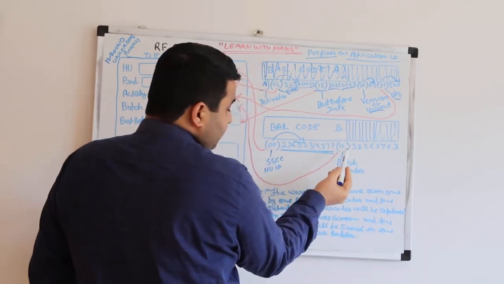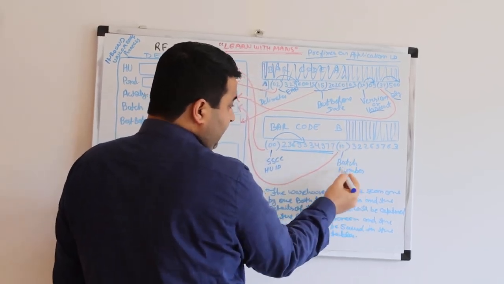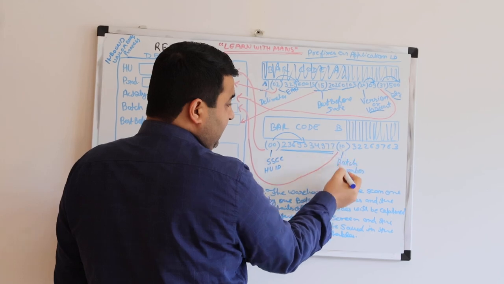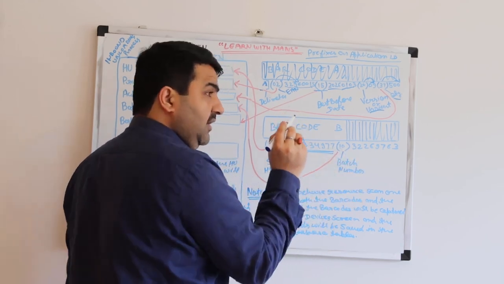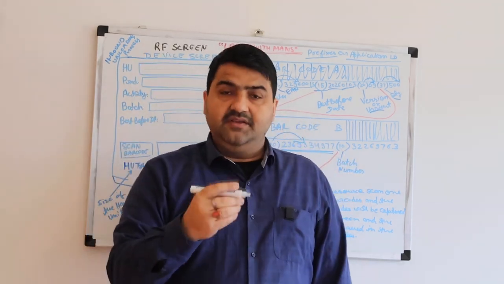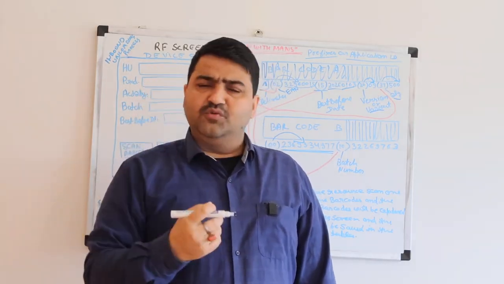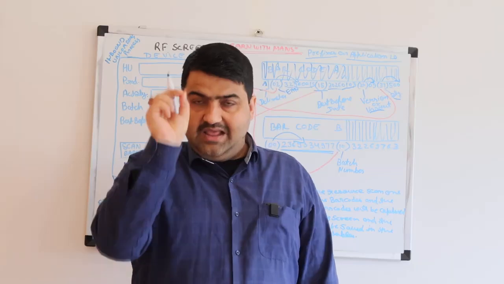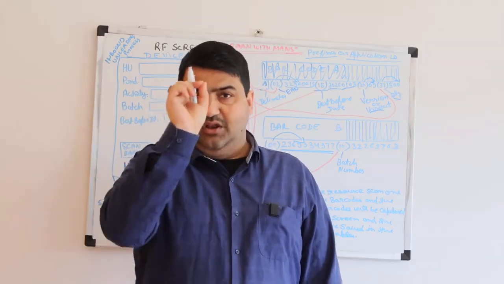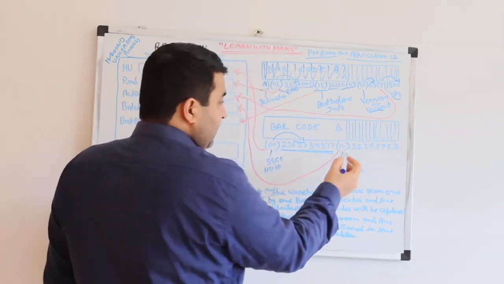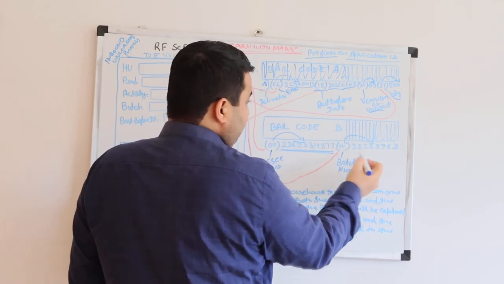Now 10 in brackets means batch number or lot number, because we have batches. In many food products we have a batch number, where you see L followed by a number, the lot number. So this indicates the batch number of the barcode.